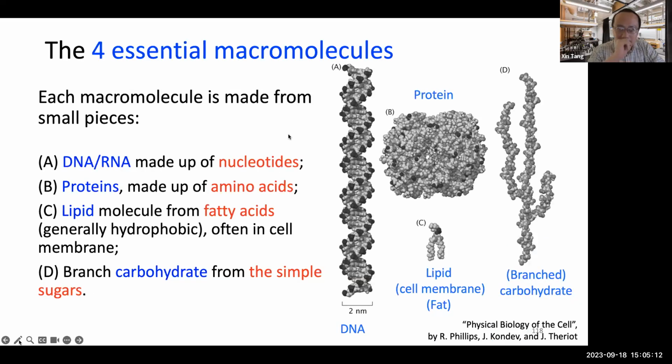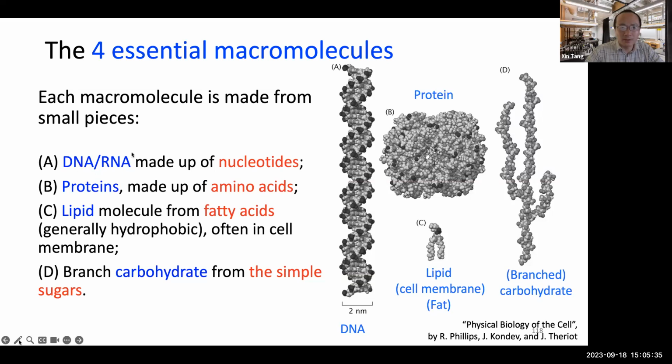In the last lecture, we started to talk about the building blocks of life, and we discussed that there are 4 essential macromolecules in the living systems, and all living systems consist of those 4 types of macromolecules.